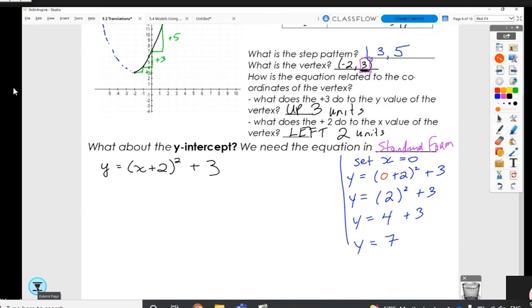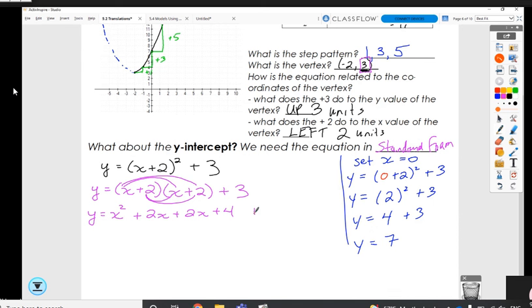Now, if you wanted this in standard form, you could just expand this. x plus 2 squared is really x plus 2 times x plus 2. And we know that we can multiply two binomials by using FOIL. And we get x squared plus 2x plus 2x plus 4, and plus that 3 that we haven't done anything with.